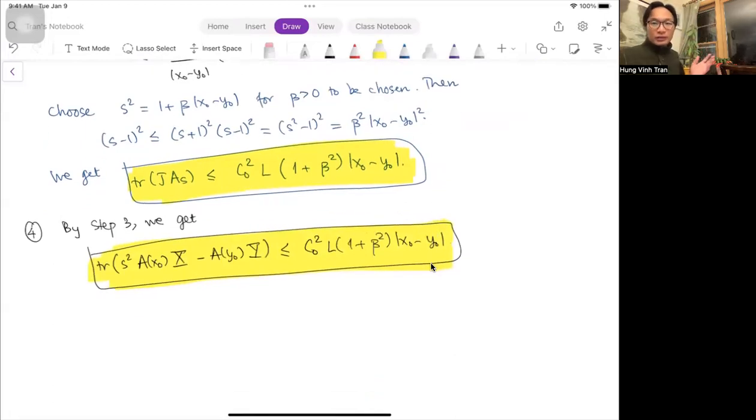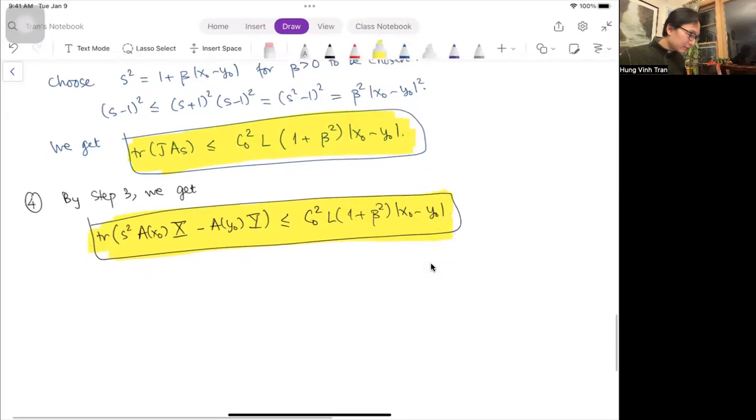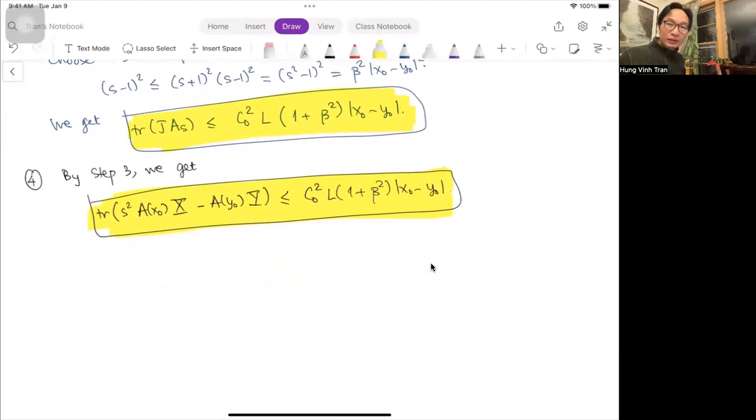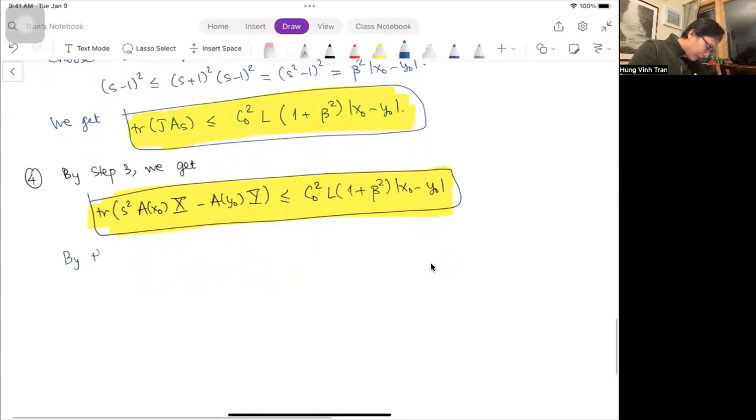Now I'm going to use the normal viscosity sub and super solution test to write down, and then I'm going to utilize this inequality together with that to deduce the result. We are nearly done. Okay, so now by the usual viscosity sub and super solution test we have.